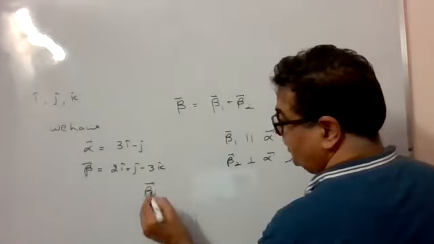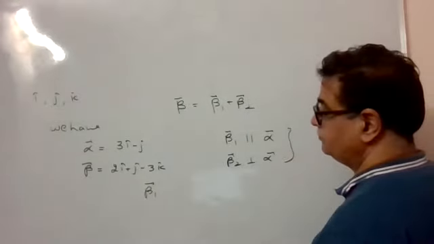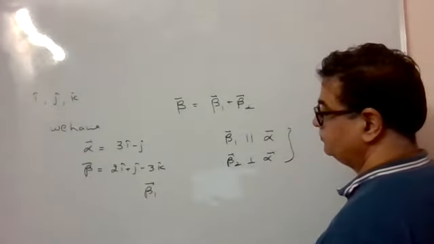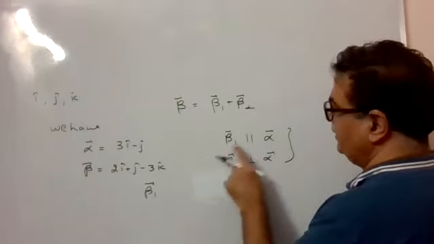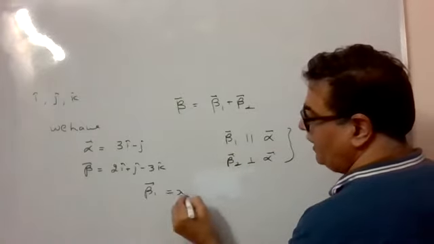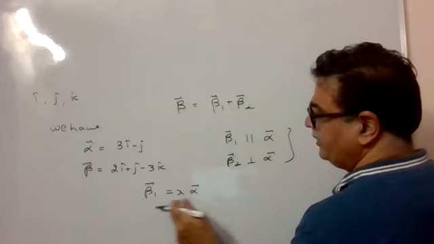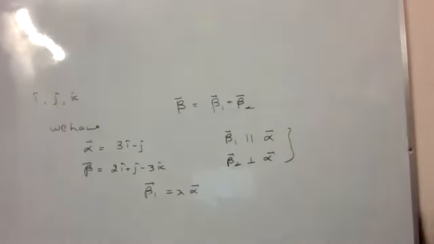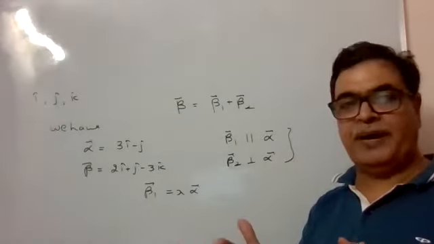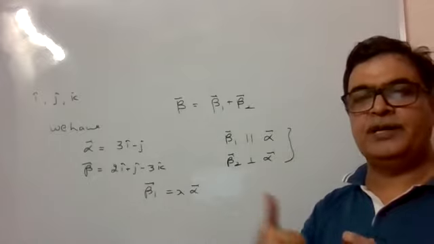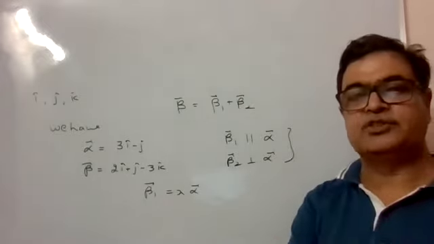Yes, beta 1 is lambda times of alpha. एक वेक्टर दूसरे का मल्टीपल होगा. If two vectors are parallel, one will be lambda times of the other vector.